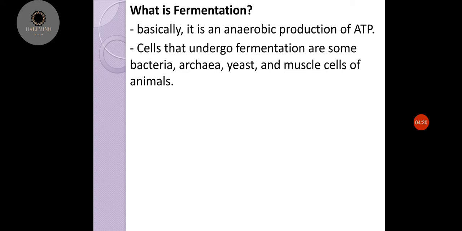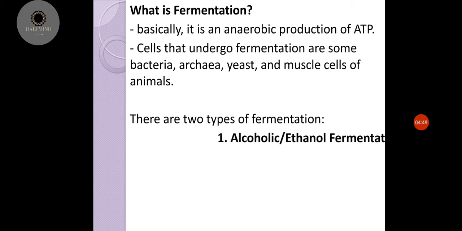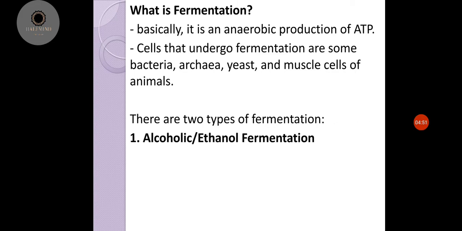When we say anaerobic, again, it does not require oxygen for that process to happen. So cells that undergo fermentation are some bacteria, archaea, yeast, and muscle cells of animals. So there are two types of fermentation, the lactic acid fermentation and the alcoholic or the ethanol fermentation.